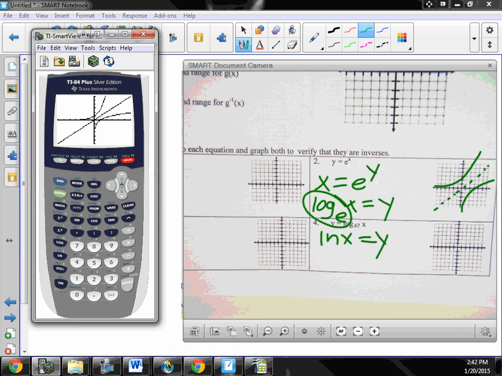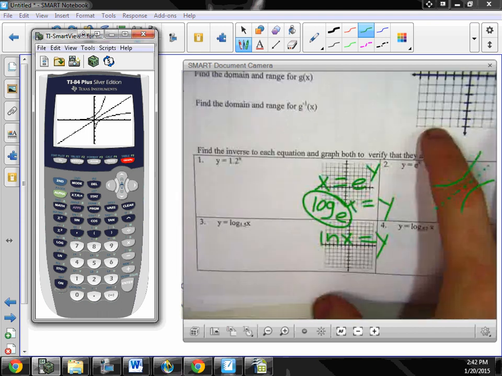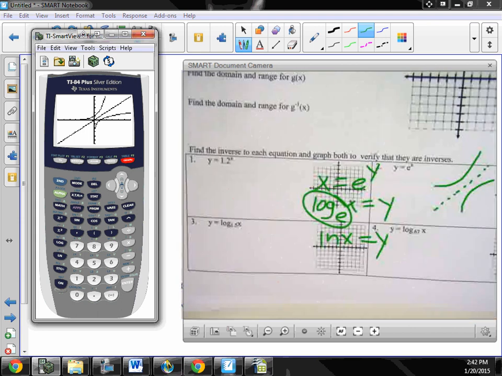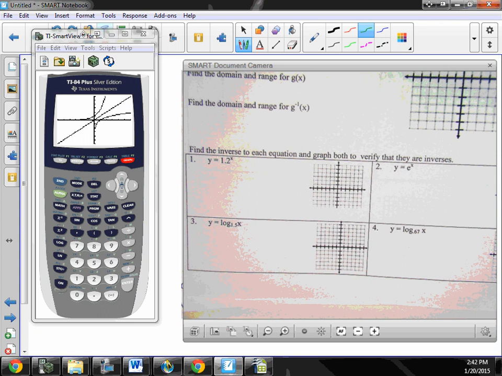All right, number 3. First we need to invert: x equals log base 1.5 of y. Now I convert to exponent: 1.5 to the x equals y.